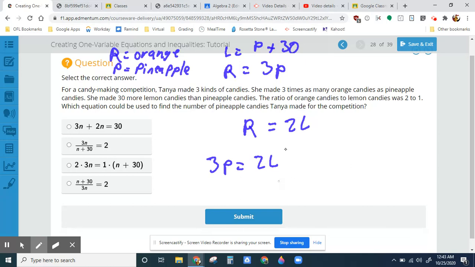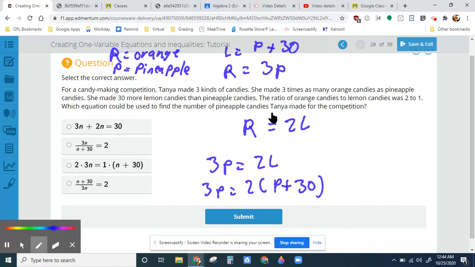But now what we're going to do here is we're going to get rid of this L by turning that L into this. So we're going to do 3P equals 2 times P plus 30. What we did here, let me kind of show. So what I did here was I changed this to this because they're all equal.